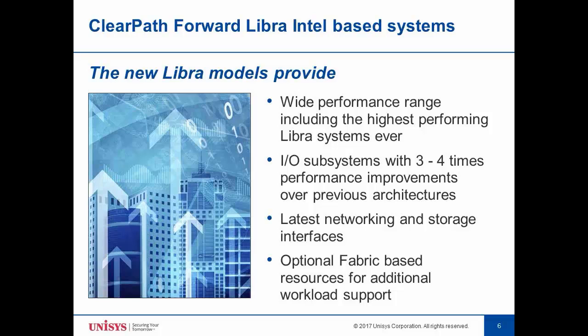They are paired with very high performance I/O subsystems that have 3 to 4 times the performance attributes of the previous Libra architectures. We've got a couple new and exciting networking and storage connections that are now available with the Libra platforms, in addition to a new networking architecture that provides some improved performance.